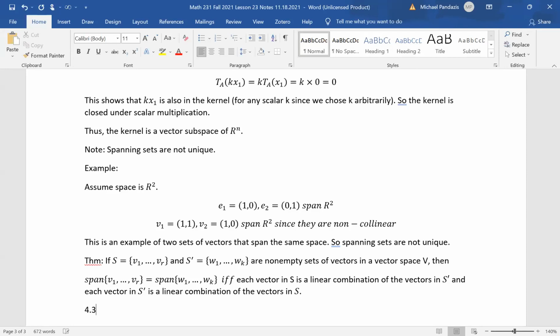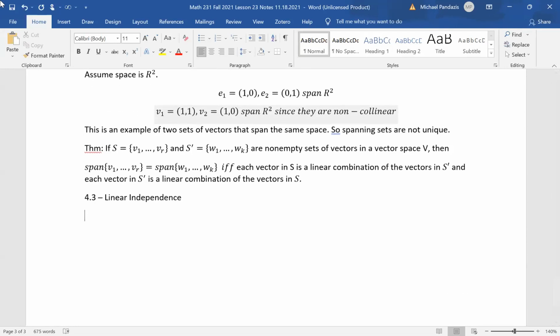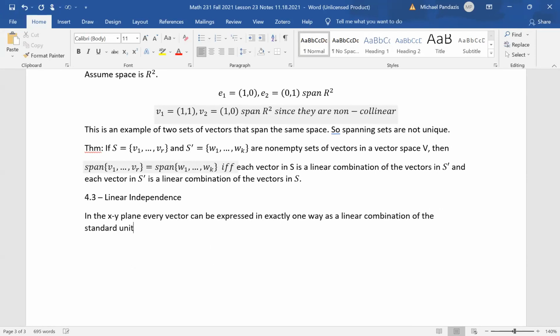Okay, so the next section is 4.3 on linear independence. Okay, so in the xy plane, every vector can be expressed in exactly one way as a linear combination of the standard unit vectors.